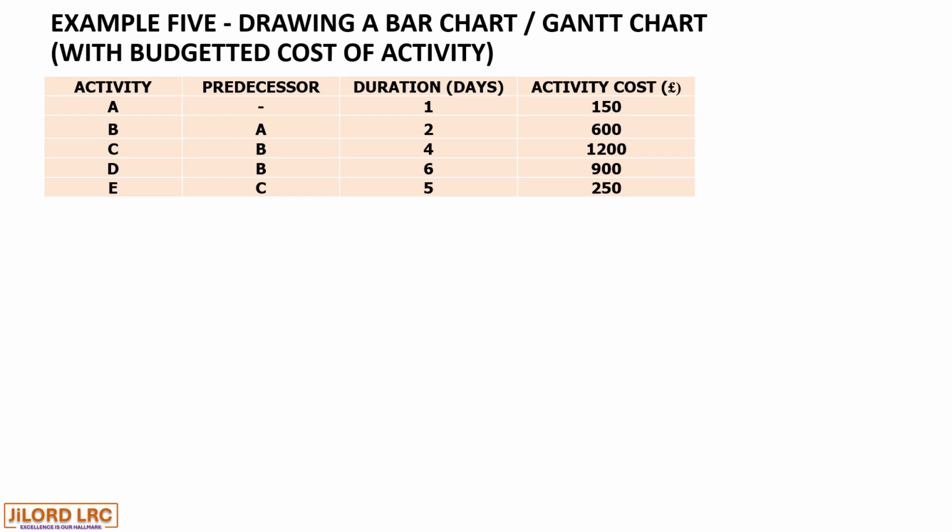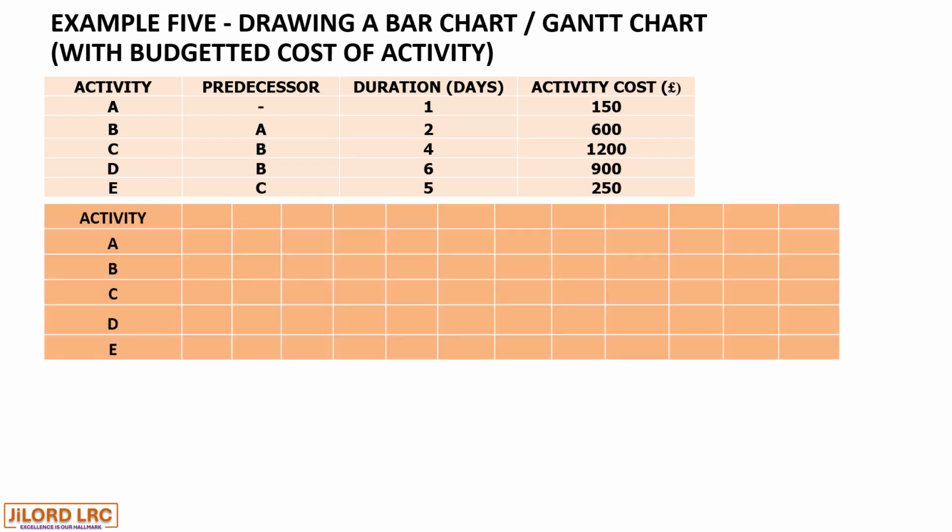Let us now draw our bar chart with the activity on the vertical axis and the durations on the horizontal axis. As usual, activity A with no predecessor starts from 0 with a duration of 1.